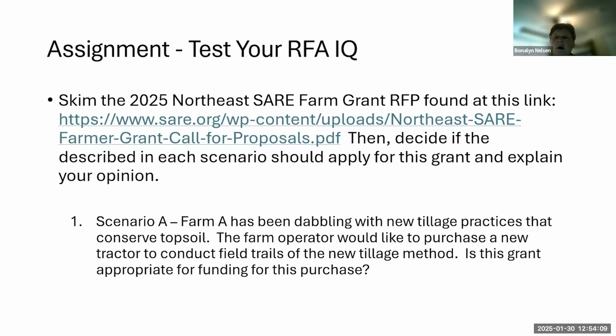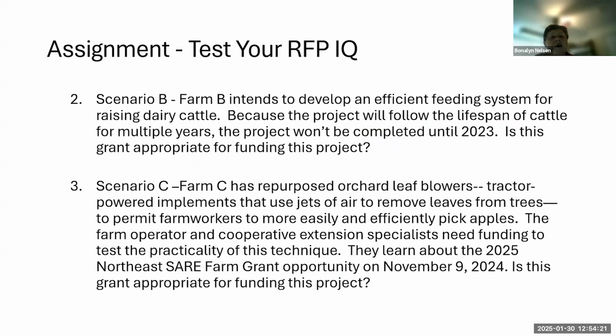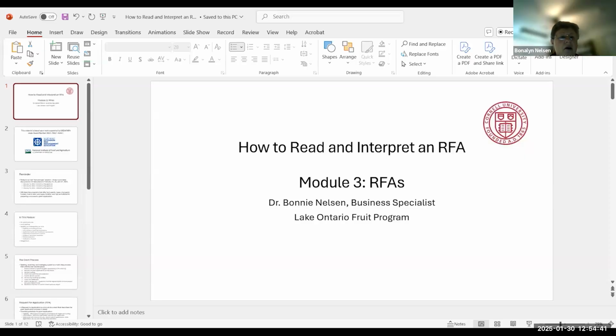Would this particular grant program be appropriate for funding the purchase of the tractor? You say, yes, it is because, or no, it isn't because. And again, I just have a couple more scenarios like that. And by the way, these are real scenarios that I know about from the day job here. This is just to give you a little bit of practice in reading and understanding RFAs.